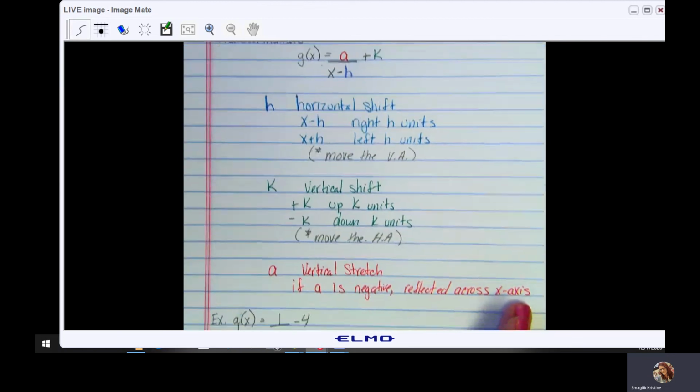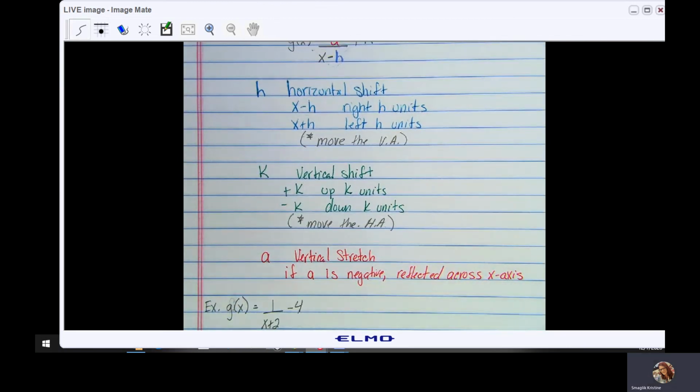Now, remember, think about your transformations as mathematical operations. If you're shifting horizontal or vertical, up, down, left, right, that is all addition, subtraction. When you're doing a stretch or a reflection, that's multiplication.